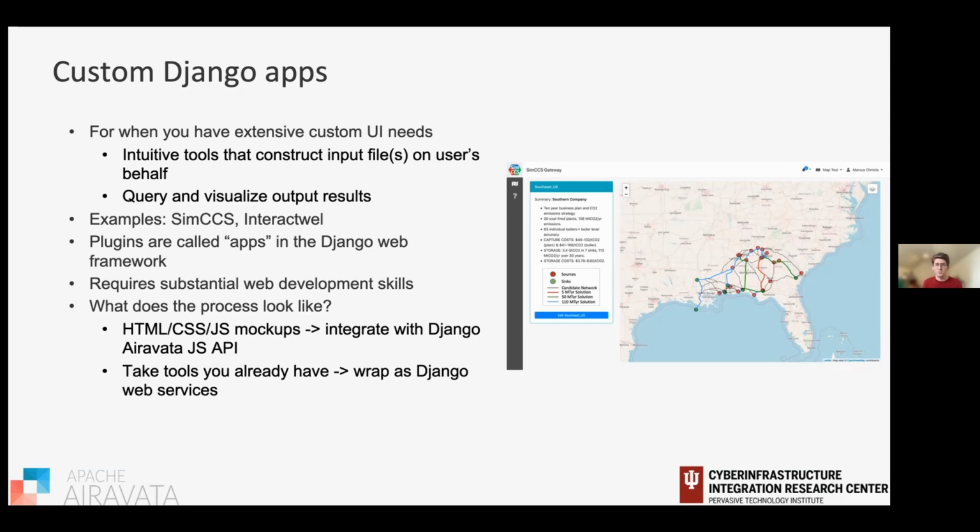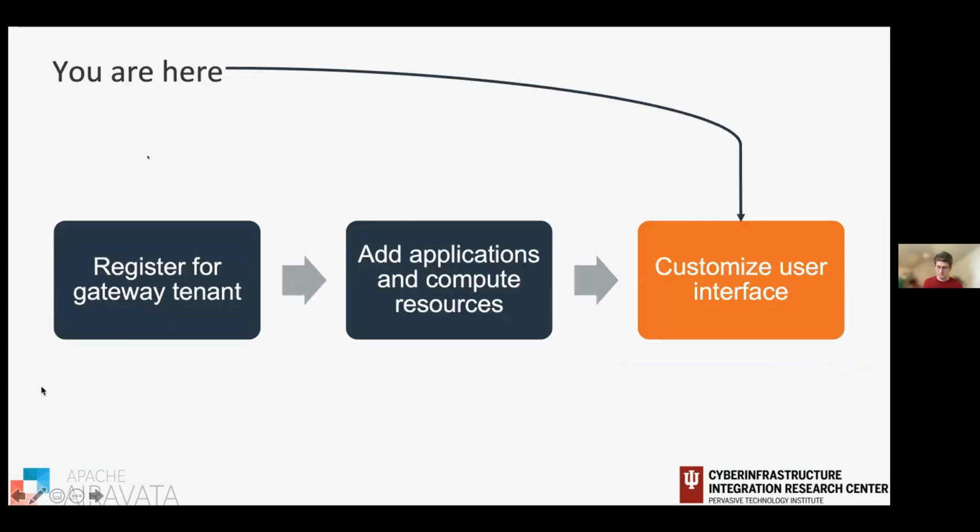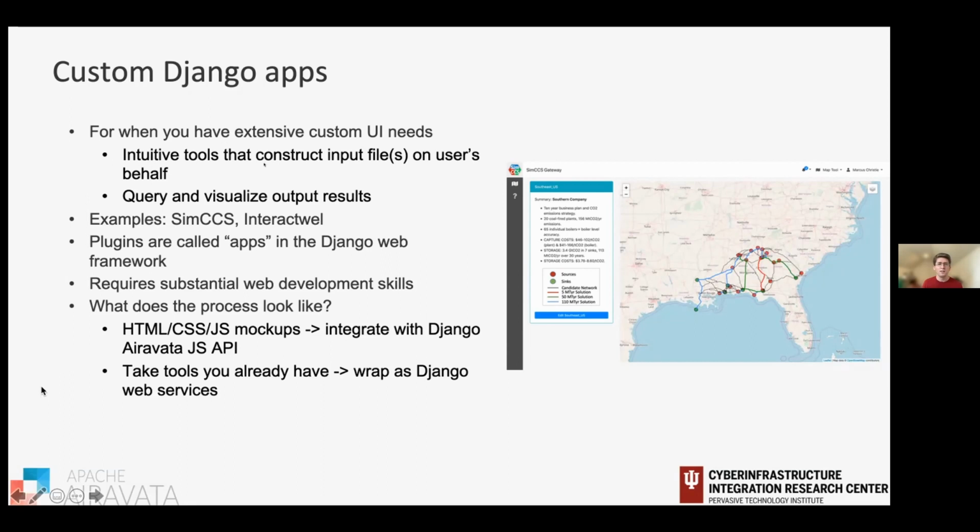So this is a much more intuitive type of user interface for users who maybe understand the science behind carbon dioxide storage and sequestration, but they don't understand this particular optimization code. So that's one reason to reach for this custom Django app approach.